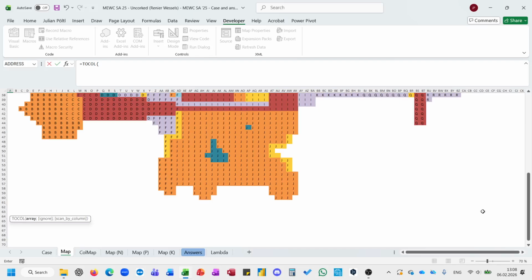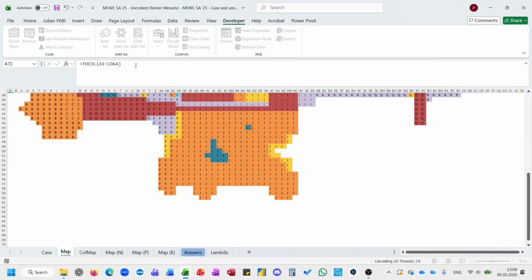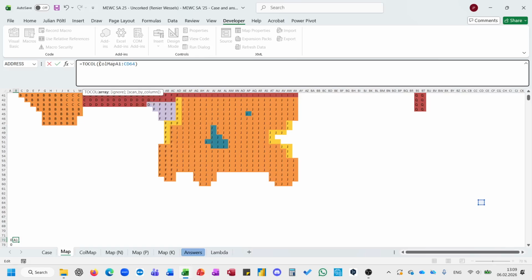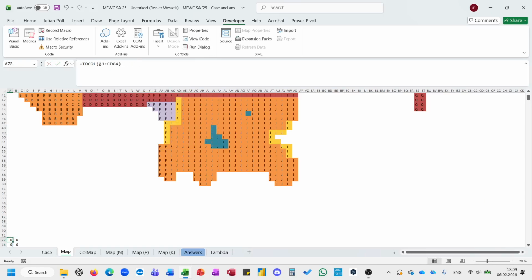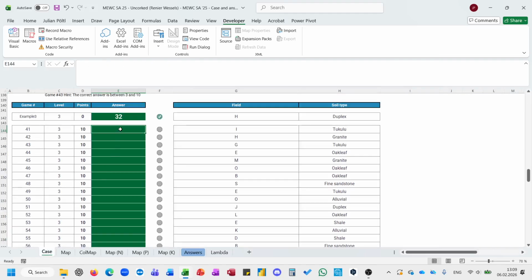So let's say we're starting here, A1 to this, and then the same for call map, and we are then using this for filtering.